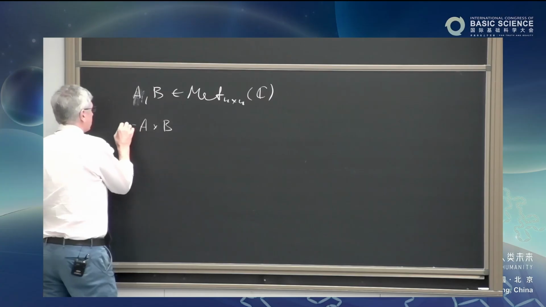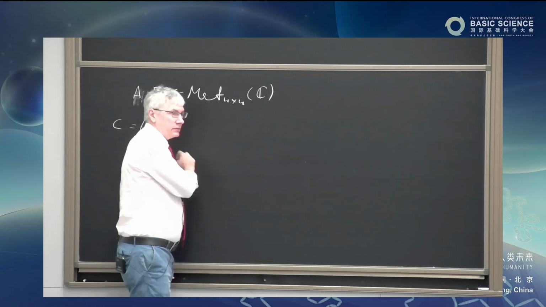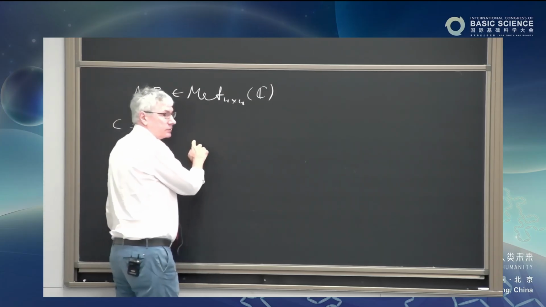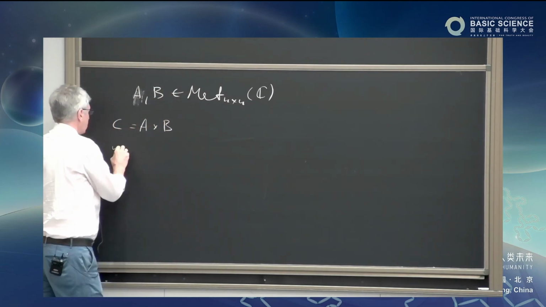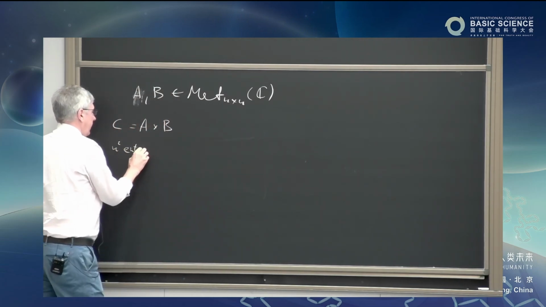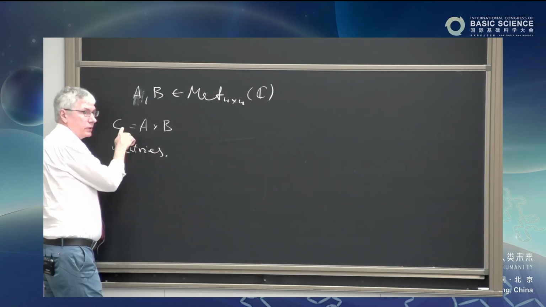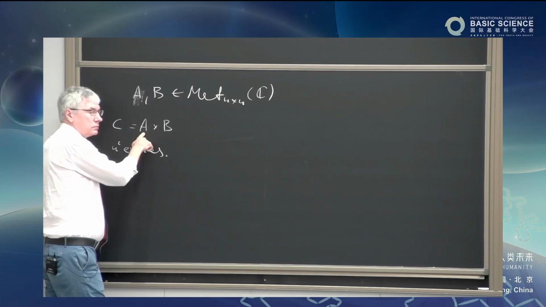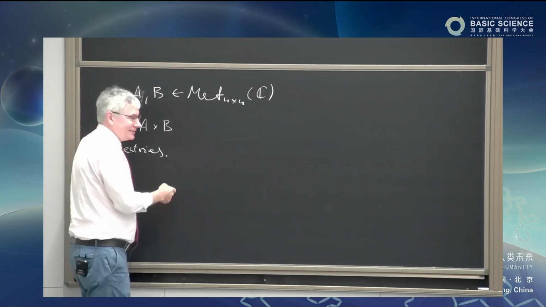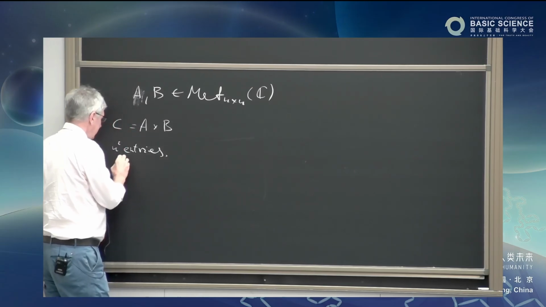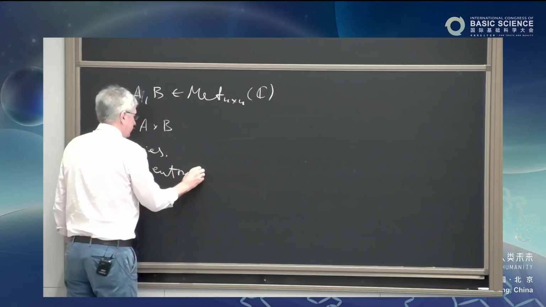So this is some new matrix C. To calculate this matrix, we should multiply rows by columns, right? This matrix has n squared entries. And to calculate every entry of C, you need to multiply one row from A and one column from B.